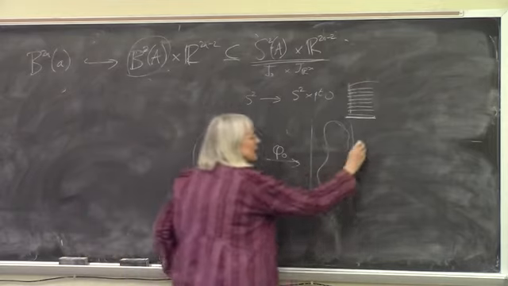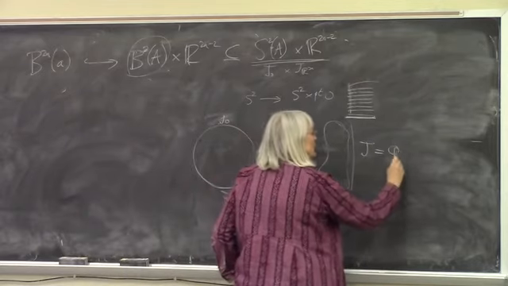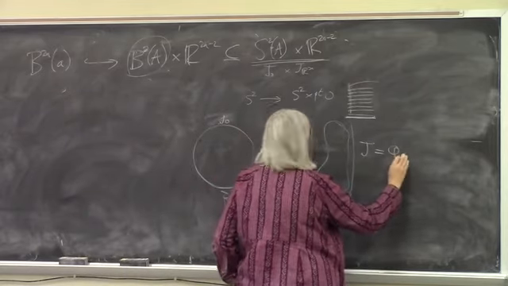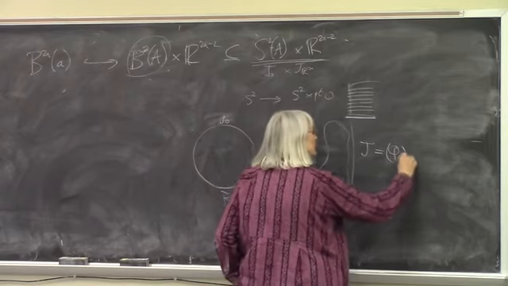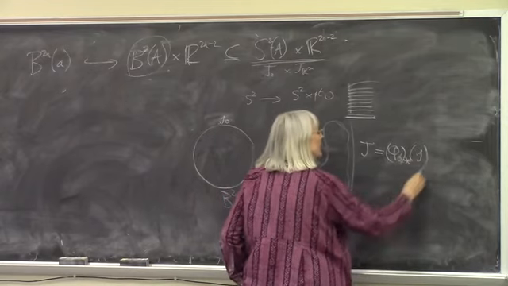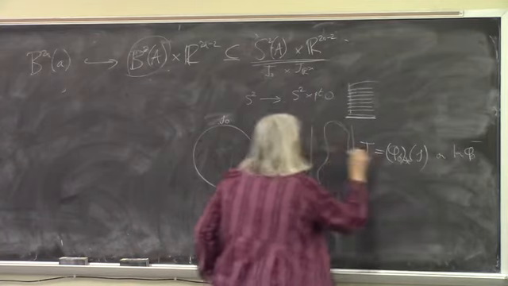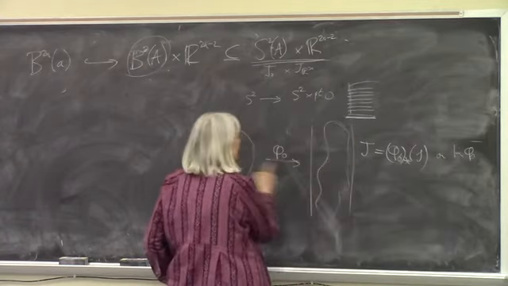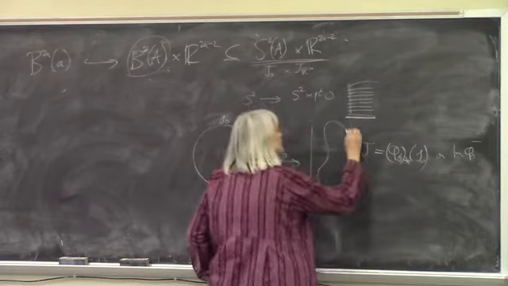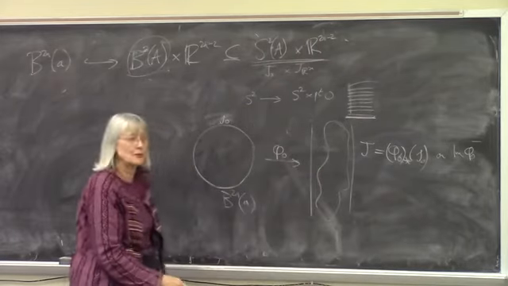You look at a J on here, which equals the push forward of the standard J_0 on the image of the ball. And outside you just extend it arbitrarily. So you can always do that.